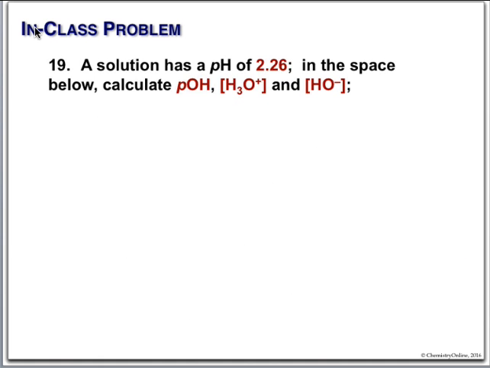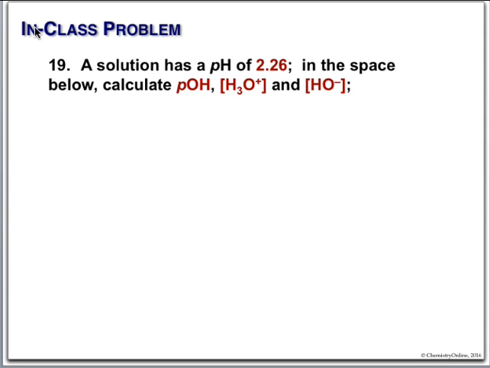This is the other question that I really like. And again, you will see this on the exam, I promise. We're going to be given a pH. We have to calculate pOH, hydronium, and hydroxide. Now on the tutorial, you've all done this 100 times. At least 25 times. All right.